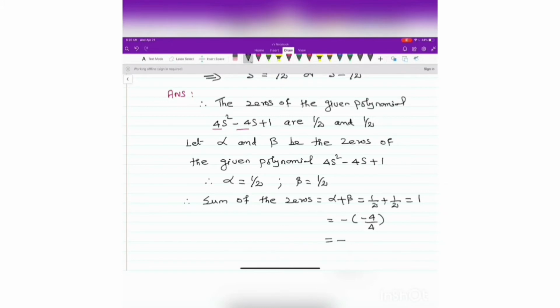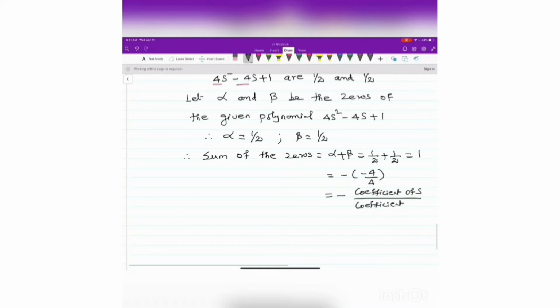So, I can write this as minus 4 as coefficient of s by 4 as coefficient of s square.